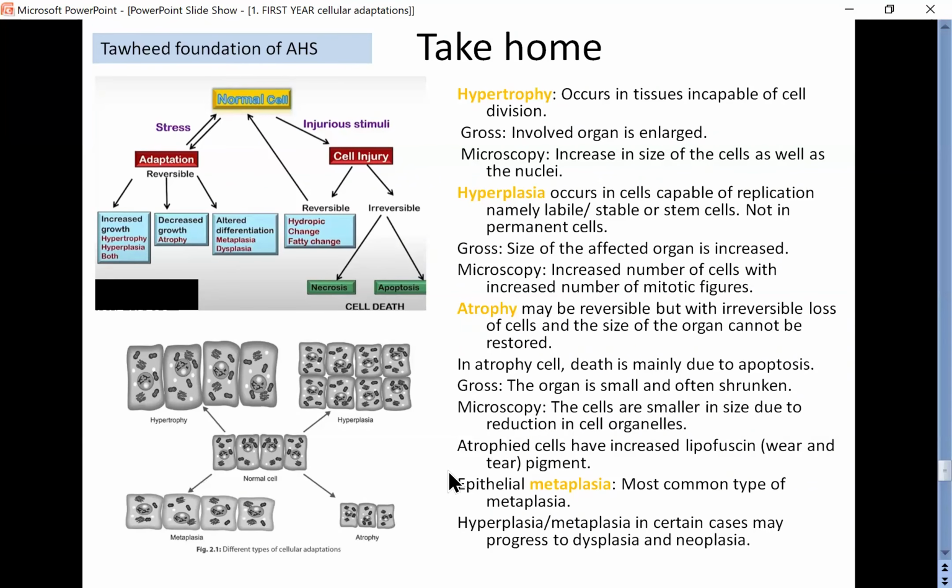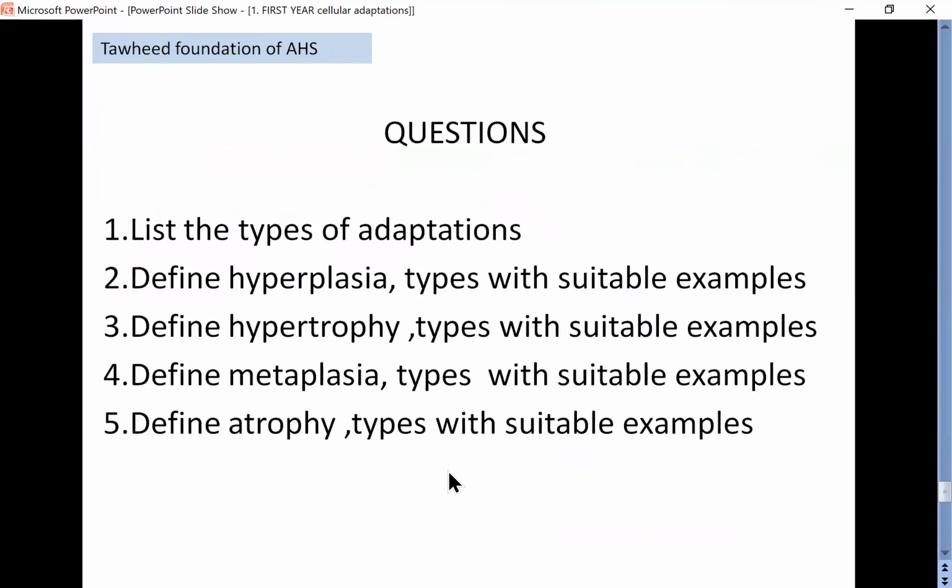Squamous metaplasia is seen in smokers, and columnar metaplasia is seen in Barrett's esophagus. And we have connective tissue metaplasia, for which you can write myositis ossificans as an example. So this is the take-home message.